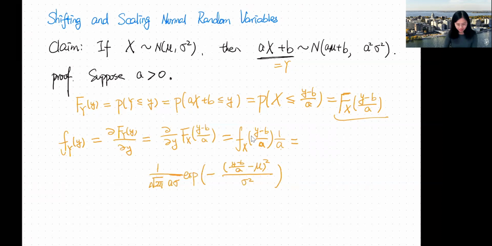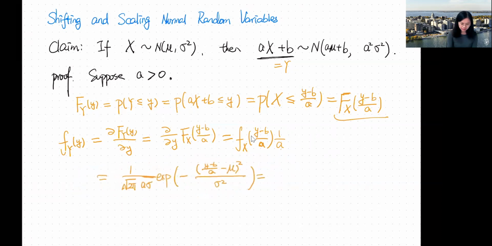If you simplify this equation, you find that this is in fact a squared sigma squared, y minus b minus a mu squared.